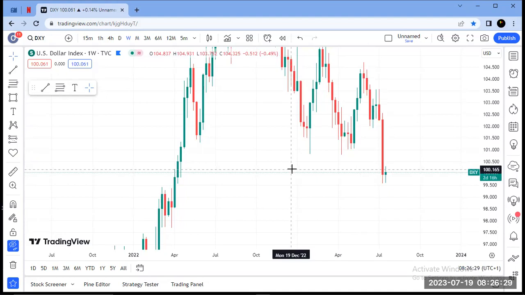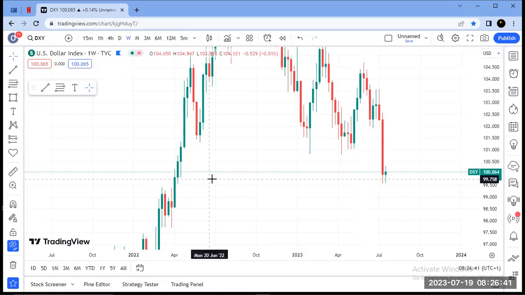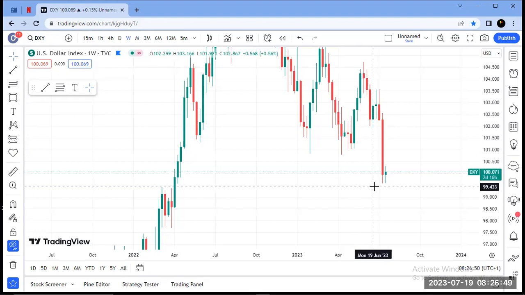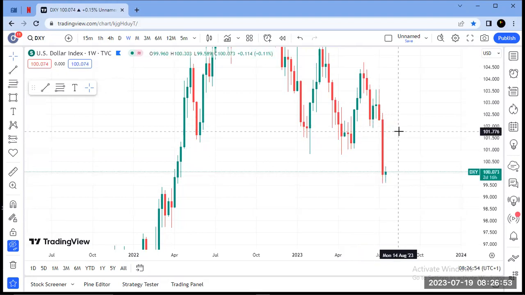This time frame is very, very important in determining your bias and your institutional order flow. Yes, we are bearish. There's no doubt about that. But as to which point are we going to reach out for the liquidity below these lows down here before we gain the form of fair value to start trading up as a retracement?